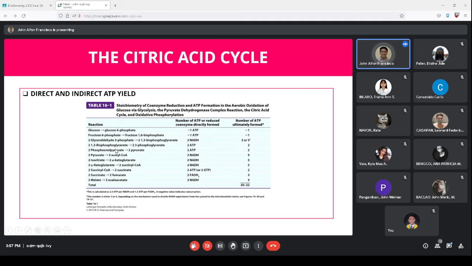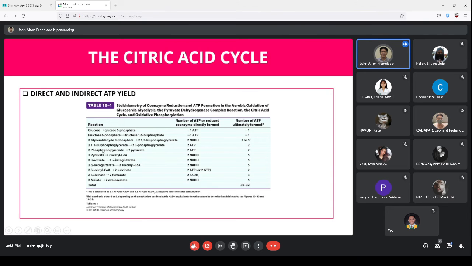But for the production ng glyceraldehyde to bisphosphate glycerate, you use 2 NADH, which is equivalent to 3 or 5 energy. So this is calculated as 2.5 ATP per NADH and 1.5 ATP per FADH2. So yun yung equivalent ni NADH and FADH2. Okay?